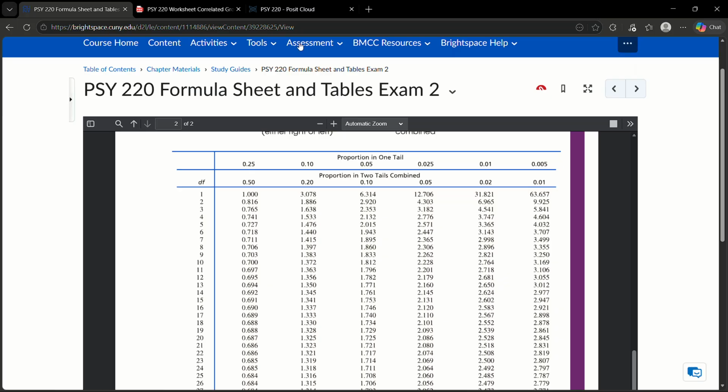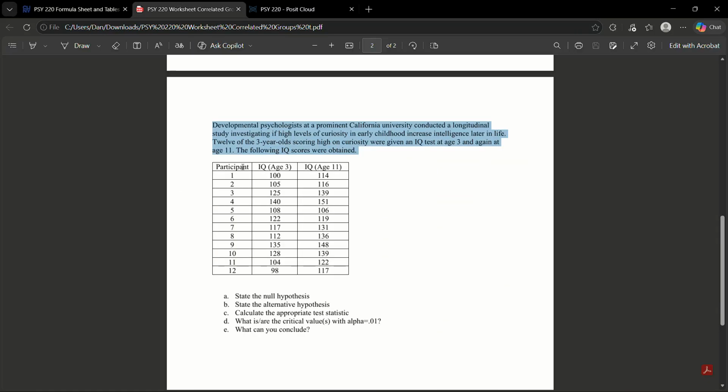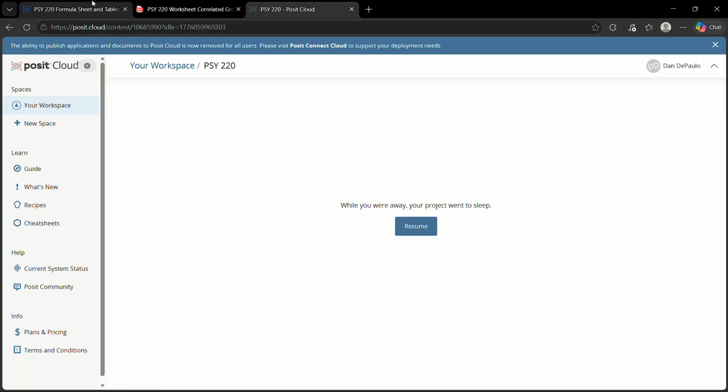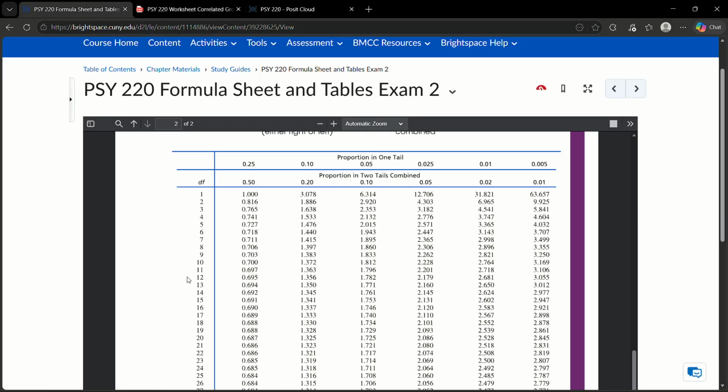We're looking for an increase, right? So we're doing one tail, 2.718 positive, because we're looking for an increase, 2.718 at the 0.01, one-tailed.